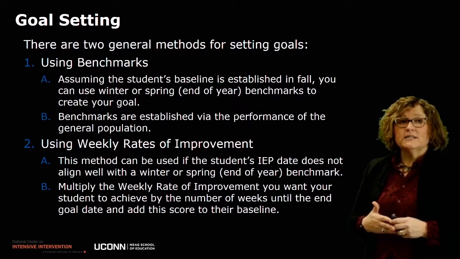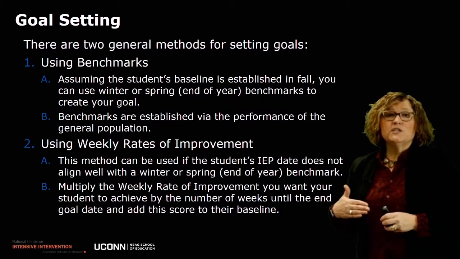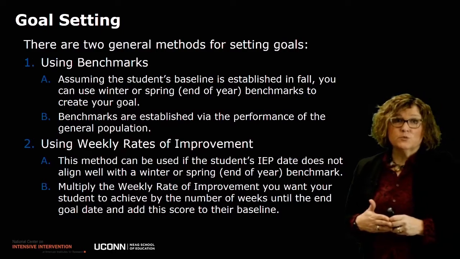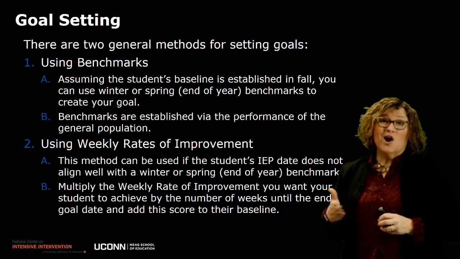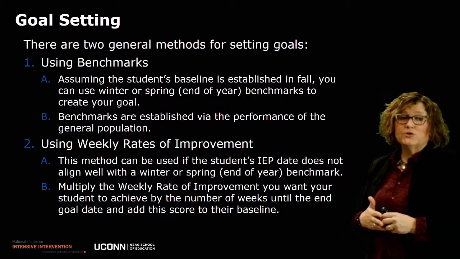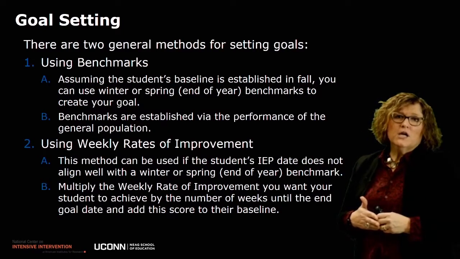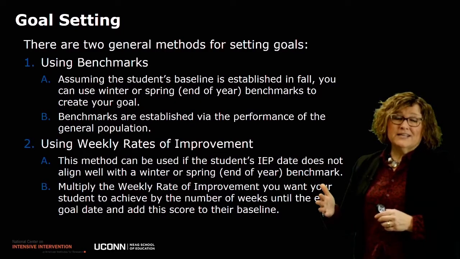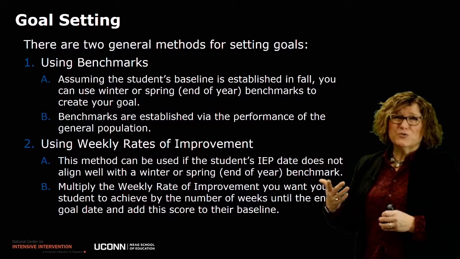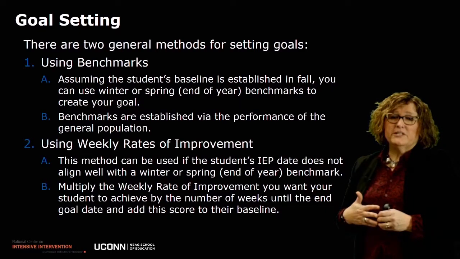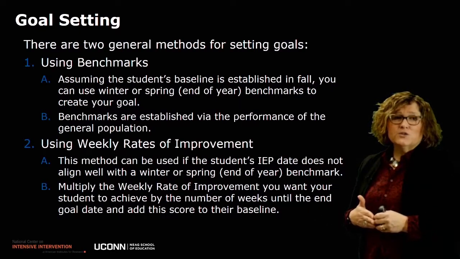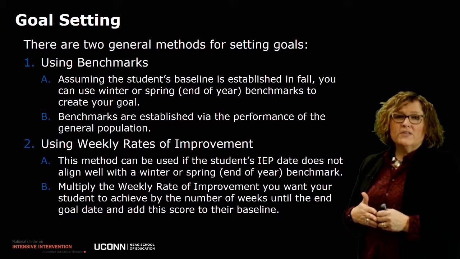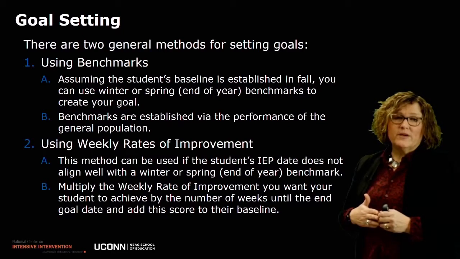Another way that we set goals for students is using a weekly rate of improvement, and sometimes we call that rate of improvement an ROI. It's just the acronym we use, so you might have heard ROI before. This method can be used if the student's IEP date doesn't align well with winter or spring. Maybe it's sort of mid-semester, maybe it's midway through fall and spring, and so we might want to instead multiply the weekly rate of improvement by the number of weeks until the end and add that score to the baseline.